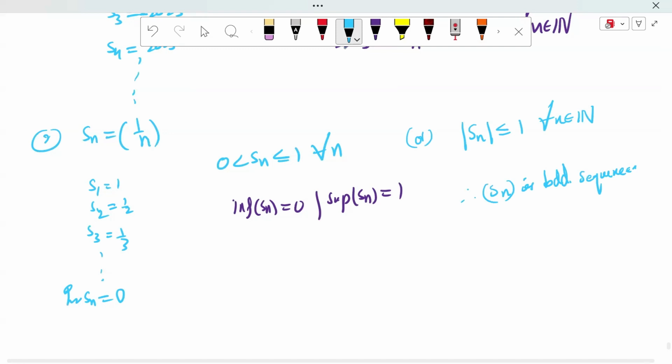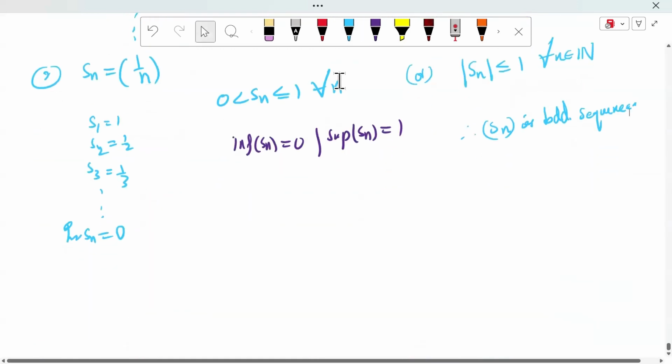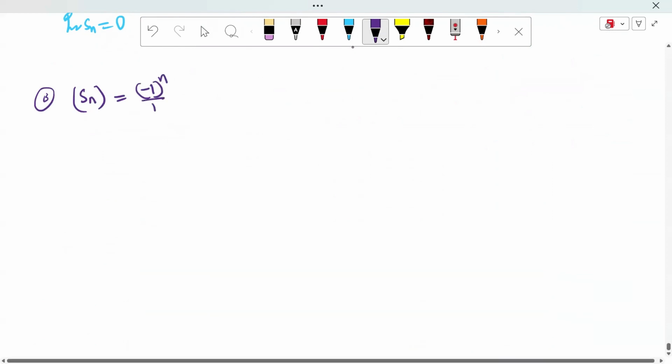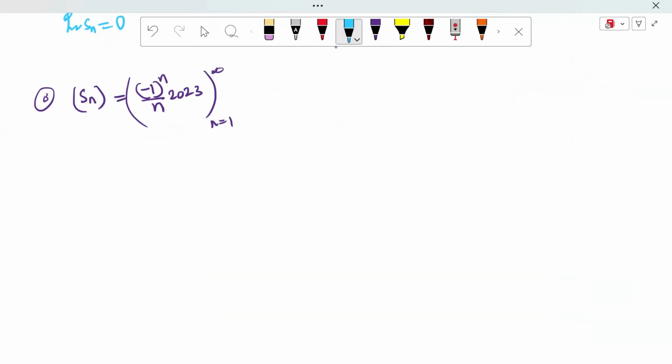We can take another example. For example, the third example of a bounded sequence: Sn is equal to (-1)^n by n into 2023, n is equal to 1 to infinity.